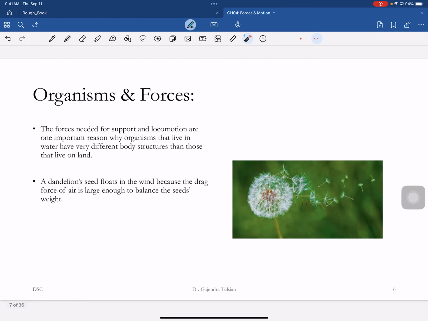Forces needed for support and locomotion are important reasons why organisms that live in water have very different body structures than those that live on land. Let's understand this.